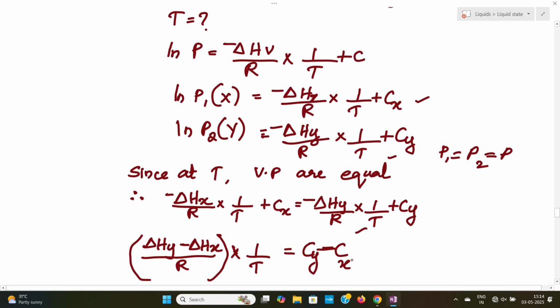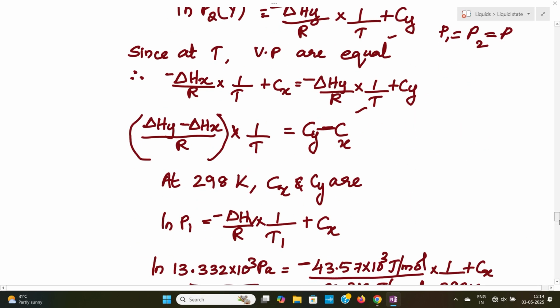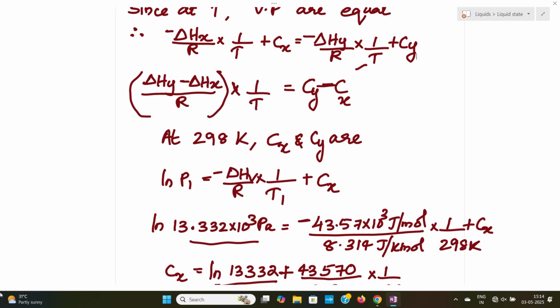So we equate and we developed an equation, and then we went to the general equation, that is ln P1 is equal to minus delta HV by R into 1 by T1 plus Cx.